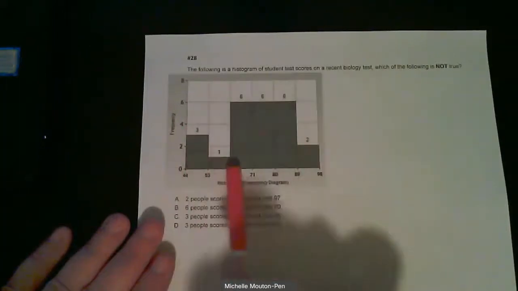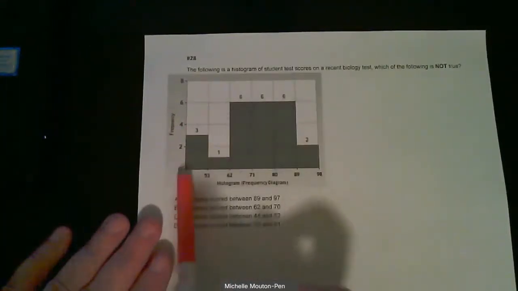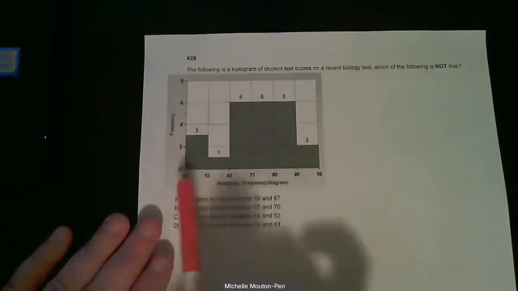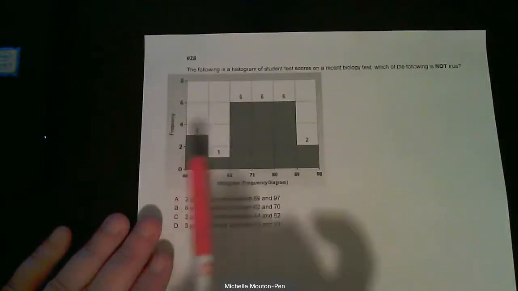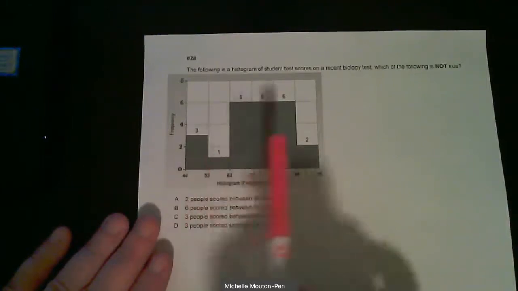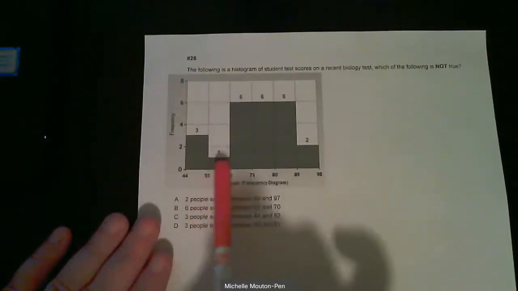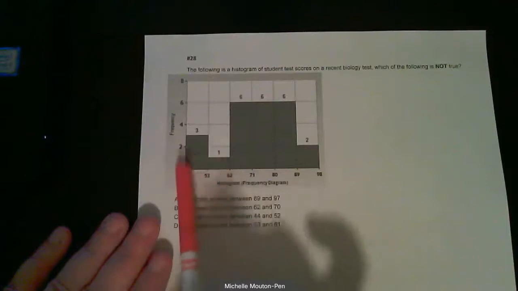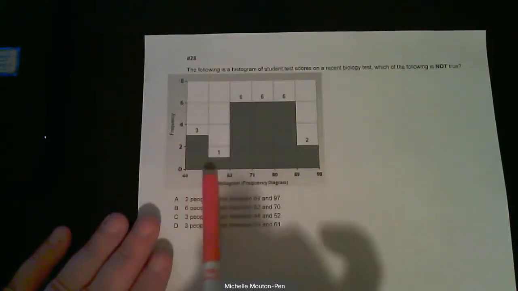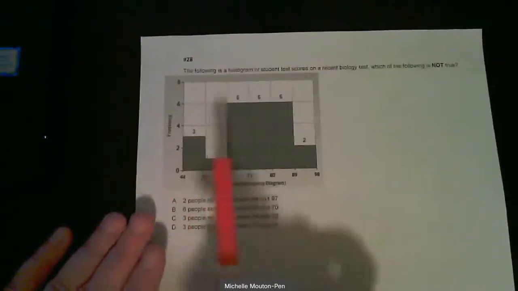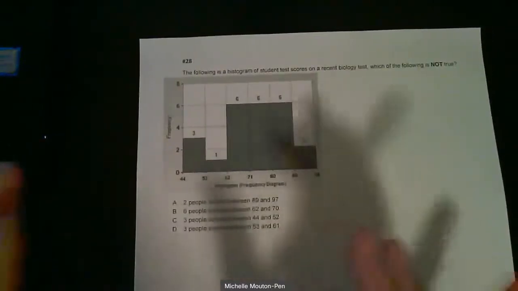If you remember, we talked about this. This histogram starts at 44. Remember, the first part of the bar tells you where that bar starts. So whenever you look at this second number right here being 53, that means 53 is part of the second bar. It's not part of the first bar. That first bar goes up through 52.999999.